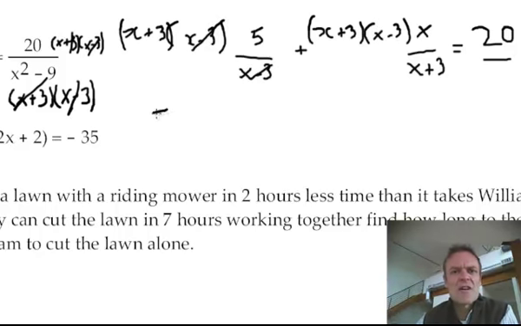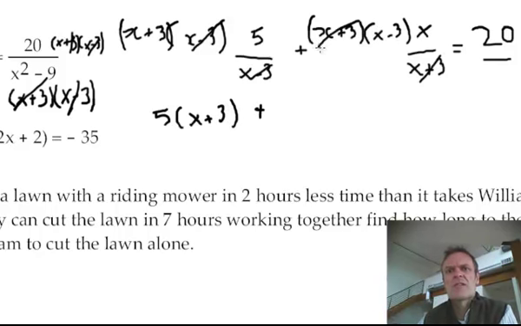What's left is a 5 with an x plus 3 next to it. Plus, what cancels here? The x plus 3's cancel. So I'm left with an x next to an x minus 3. Now everything cancels on the right nicely, so I'm just left with a 20.